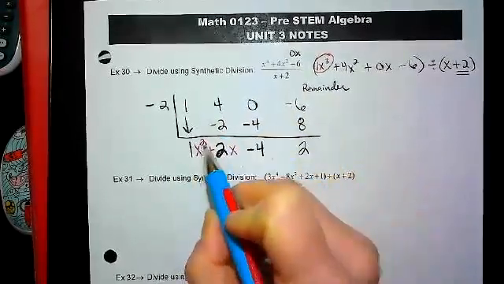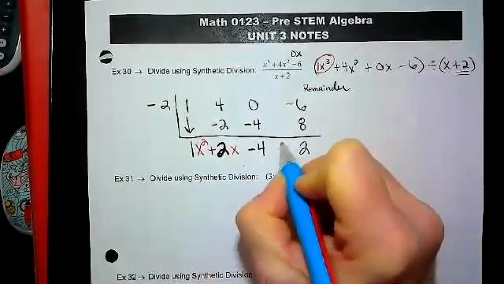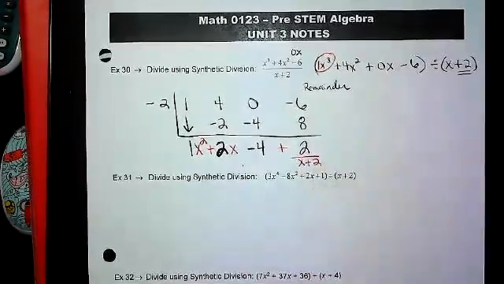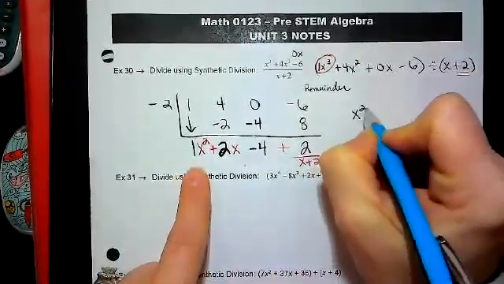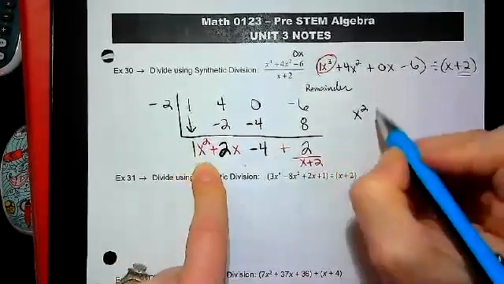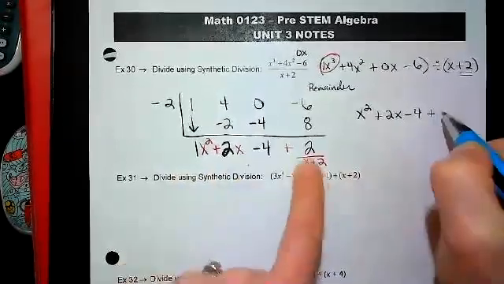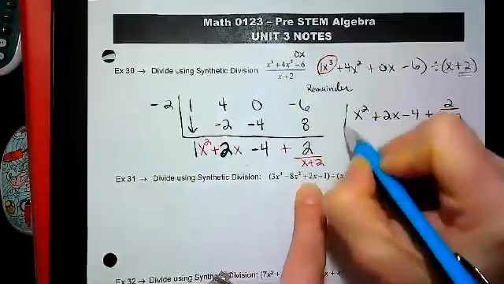So you're counting down to 1 and none. And then since that's a +2, I need to put a plus sign. And remember, we're putting that back over what we divide by. So if you clean that up, the way you would write that in WebAssign is you wouldn't put the understood 1 in front of the x squared: x squared plus 2x minus 4 plus that term of 2 over x plus 2.